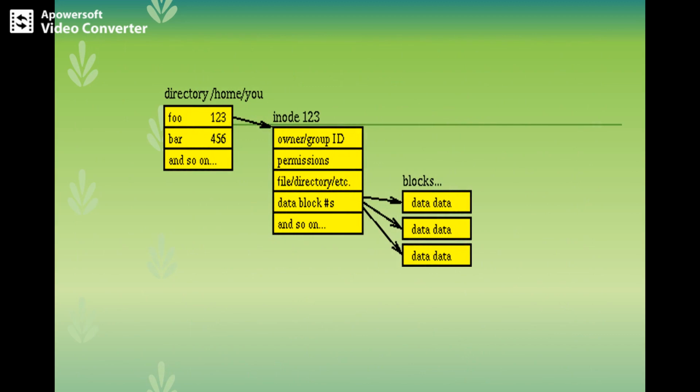Let's say we have a directory called /home/q, and we have many files and the corresponding bytes for each of the files, and each file has a particular inode, for example inode 123 here.